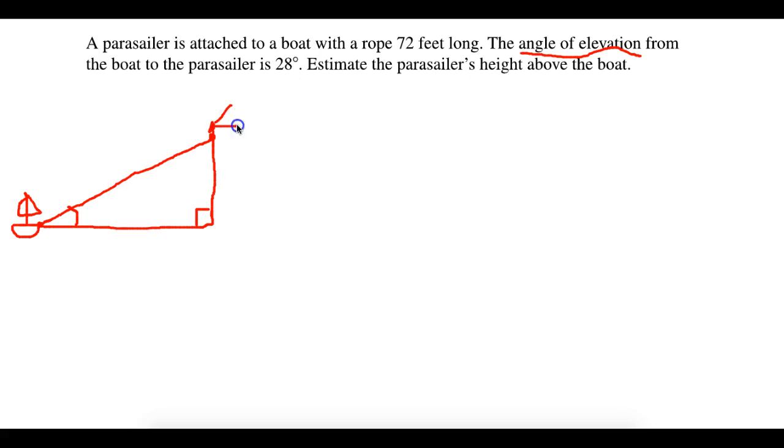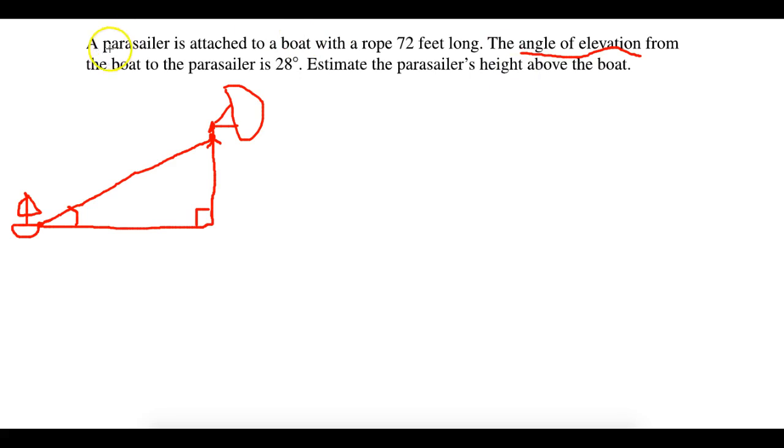Here's the parachute coming out, and there's our nice little diagram. So you see we formed a triangle for the word problem. Now all that's being asked is to fill in the parts of this triangle from the information given and then figure out what part of the triangle they're asking us to solve.